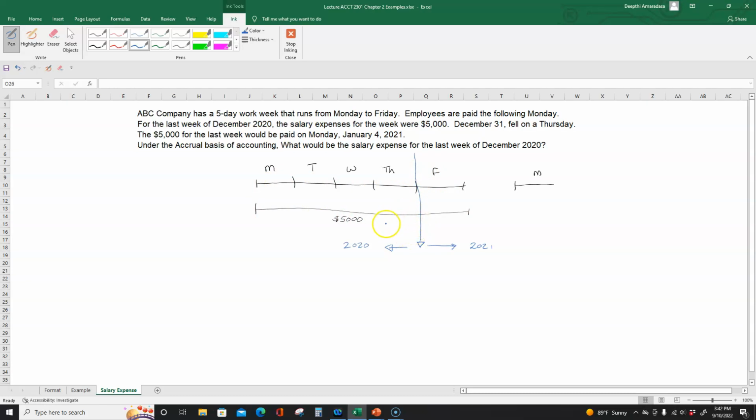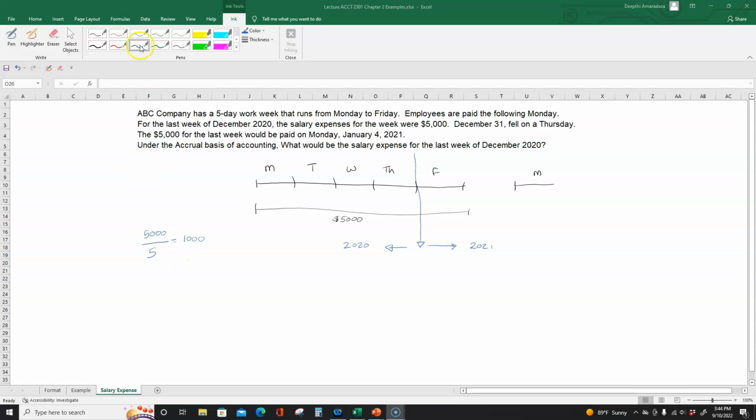Part of it was for 2020, part of it was for 2021. So the question is, what part of this $5,000 belonged to 2020? Well, we could do that calculation. We know that $5,000 was the salary for how many days? 5 days, right? So if you divide 5,000 by 5, that gives you a salary of $1,000 a day.